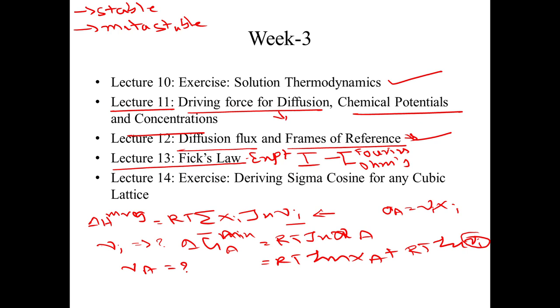In the presence of an external driving force, we can write J equals minus D dou c by dou x plus c times the velocity; this is a drift term that comes into existence.